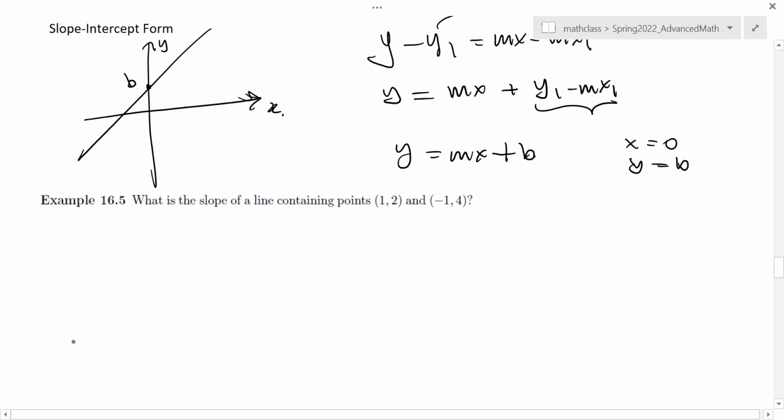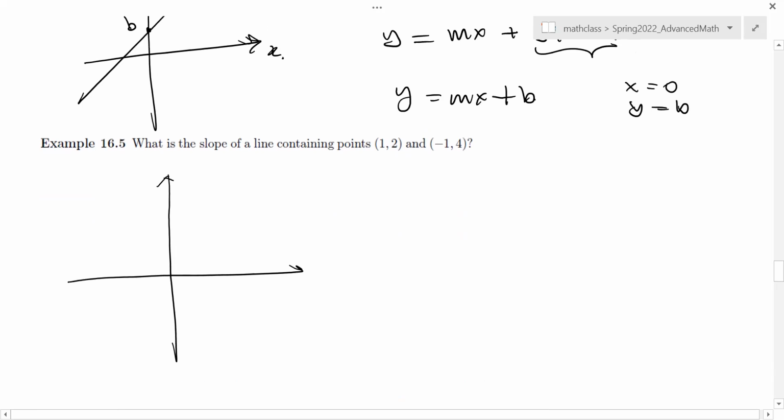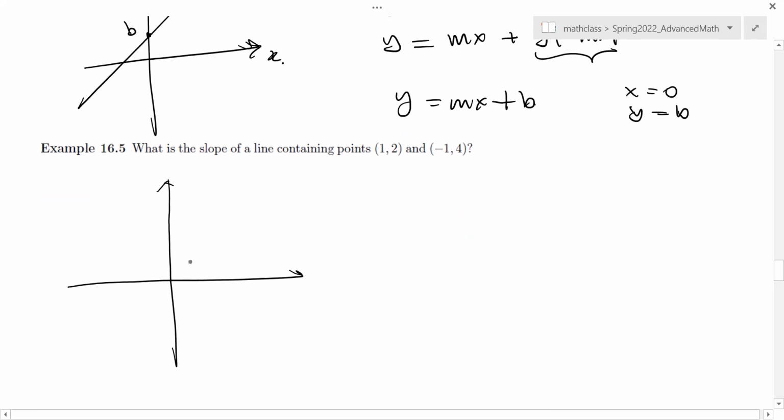Let's draw the picture. (1, 2) is here. (-1, 4) is here. So this is a straight line. It doesn't matter which one is first. Maybe this one is the second, that one is the first. So you have 2 points, and the line passing through those 2 points.